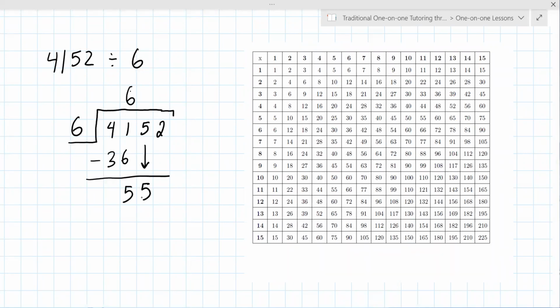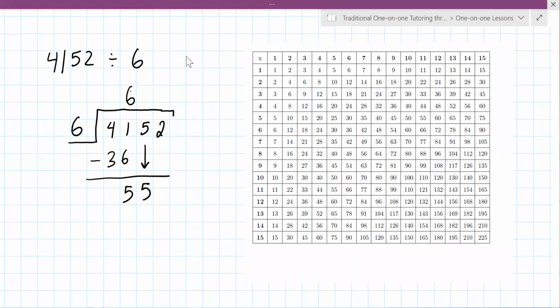Okay, so how many times does 6 go into 55? 8 times. 6 times 8 is 48. So that means it goes in one more time than 8. Because again, I don't think you're looking at the chart over here on the right.